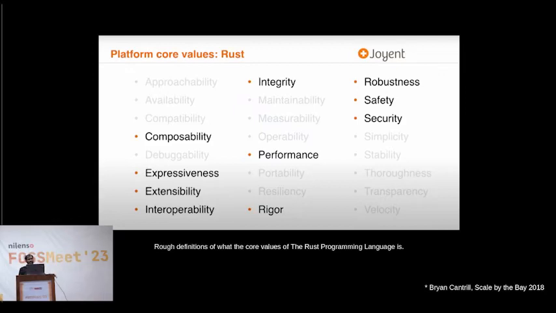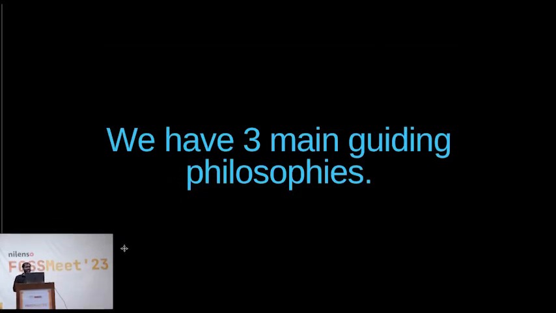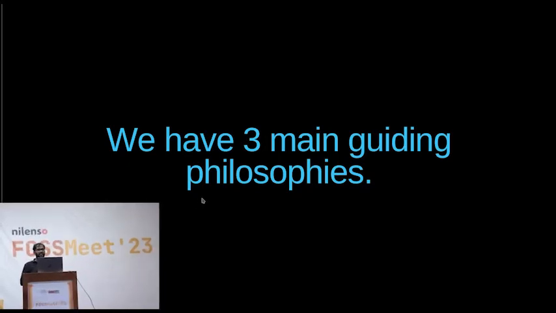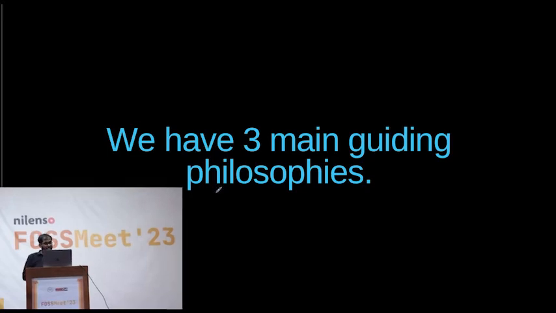Similarly, we jotted down our three main guiding philosophies. Whenever we take a decision at Hoppscotch, we always look back at this. This is a talk I give to my team members when they join Hoppscotch. First is be inclusive.